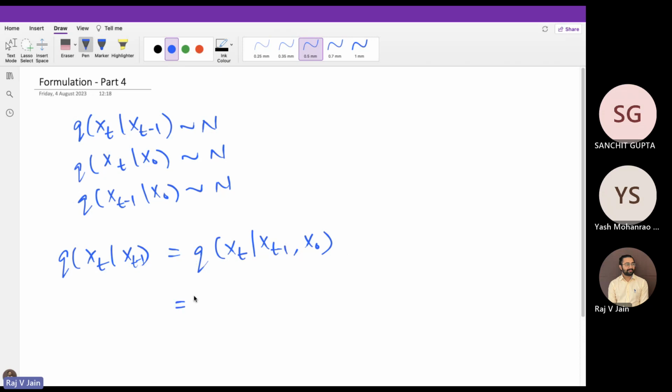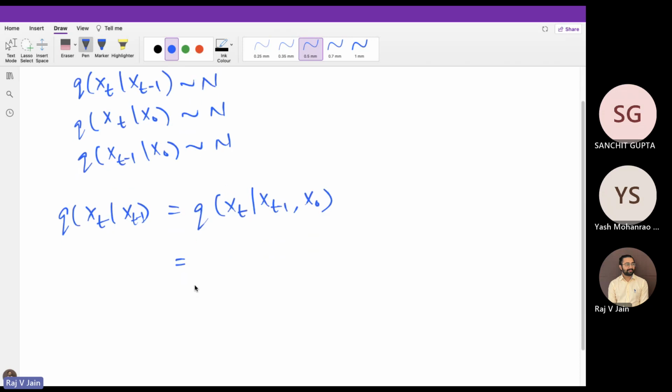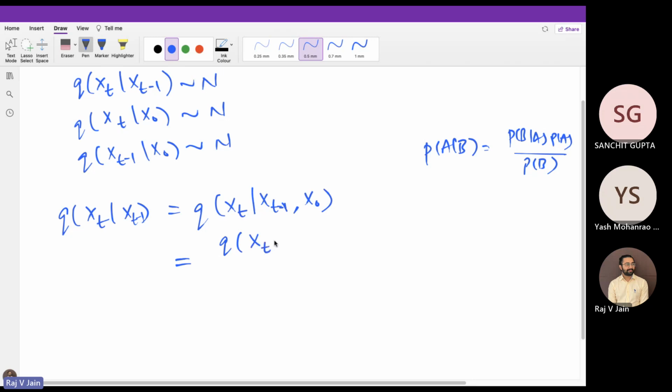Now, can I use Bayes theorem on this? P of A given B equals P of B given A times P of A over P of B. If I had to do that, what would this turn out to be? Can you write the terms?